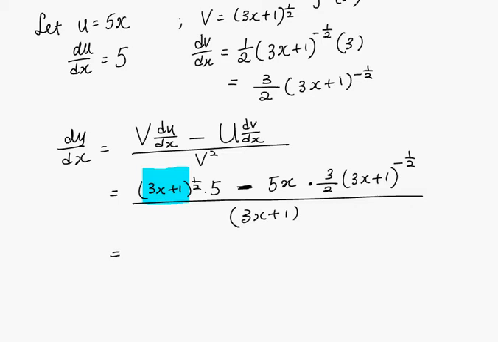3x plus 1 is the common factor. 5 is also the common factor. So we're going to take out the 5 and take out the 3x plus 1 to the power of negative half.